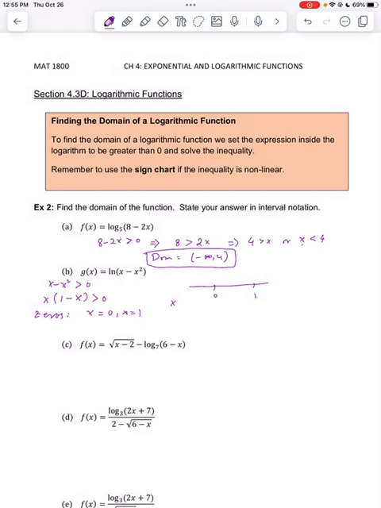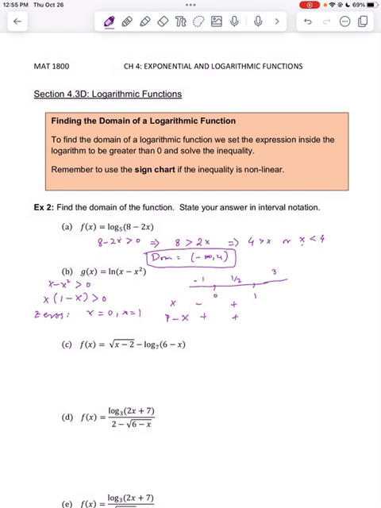And I'll put my factors here. Choose a test point, plug in. Choose a test point in this region. It gives me positive and positive.